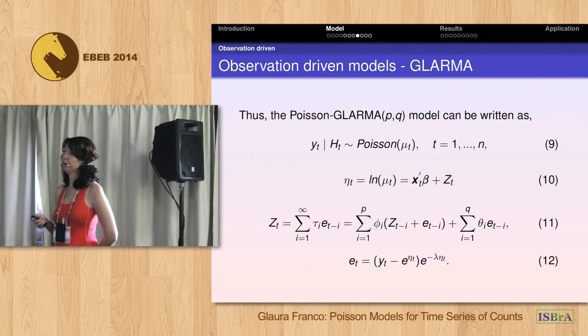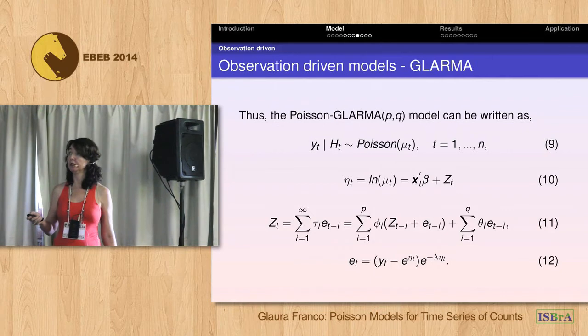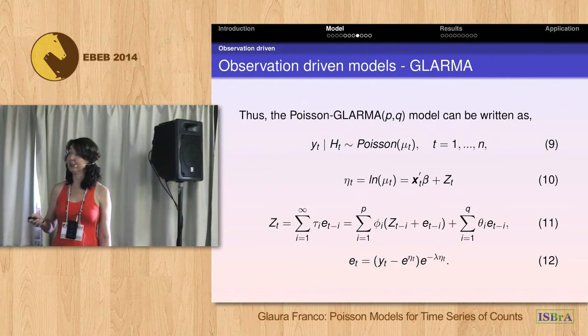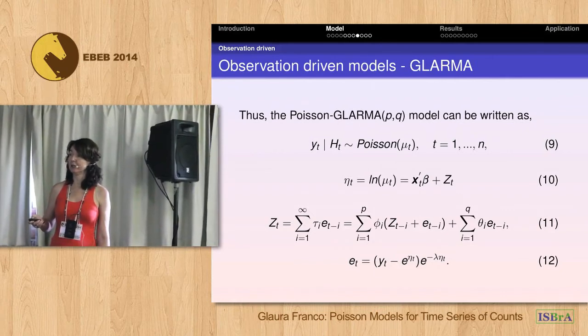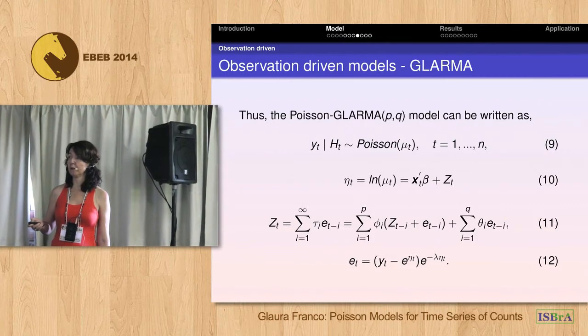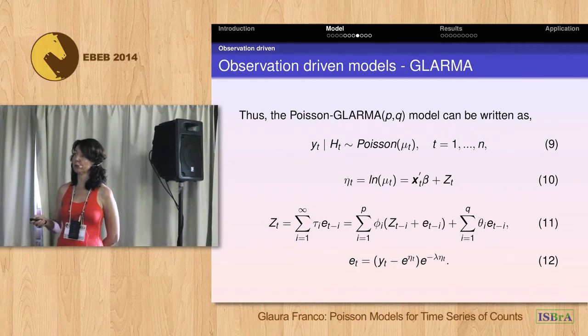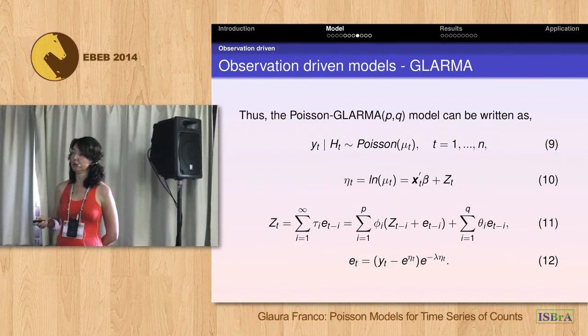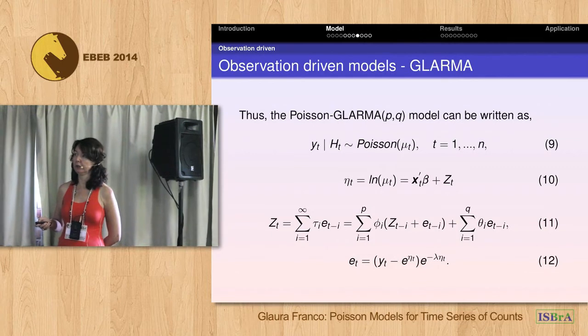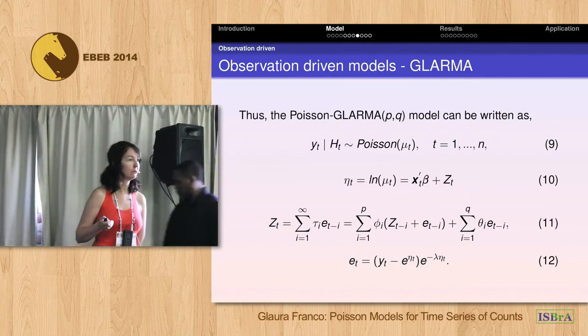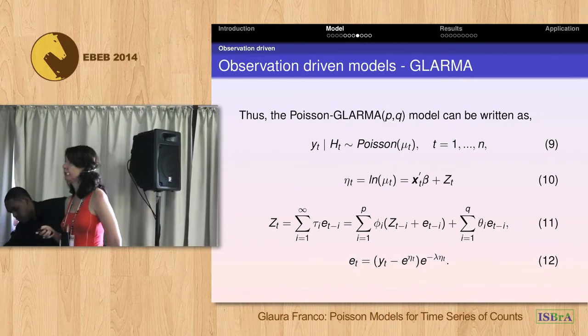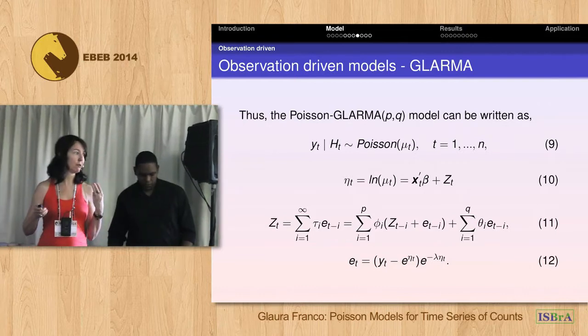So what we have is just the same thing here, and the Zt, which is this infinite moving average sum, will be an autoregressive component plus a moving average component here. And this residual here is given by the Poisson residuals. So this is the main difference between the three models.